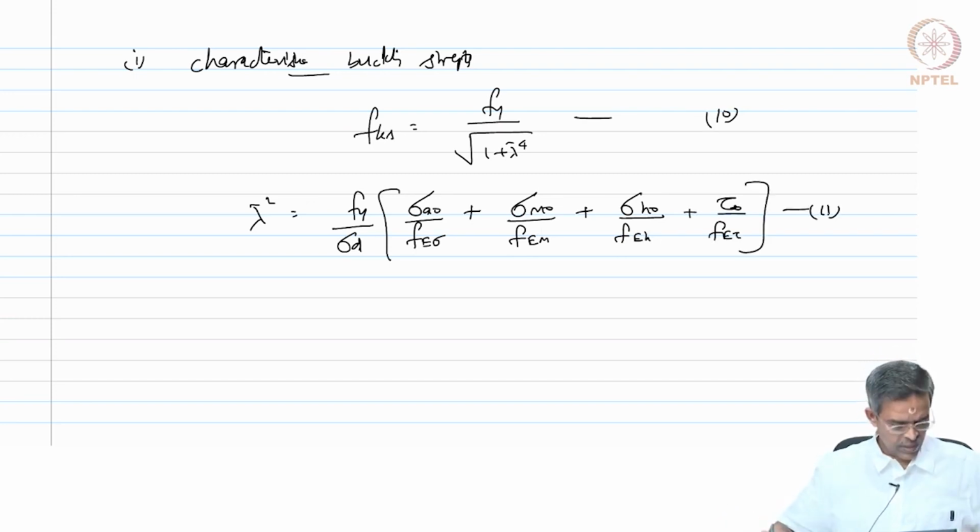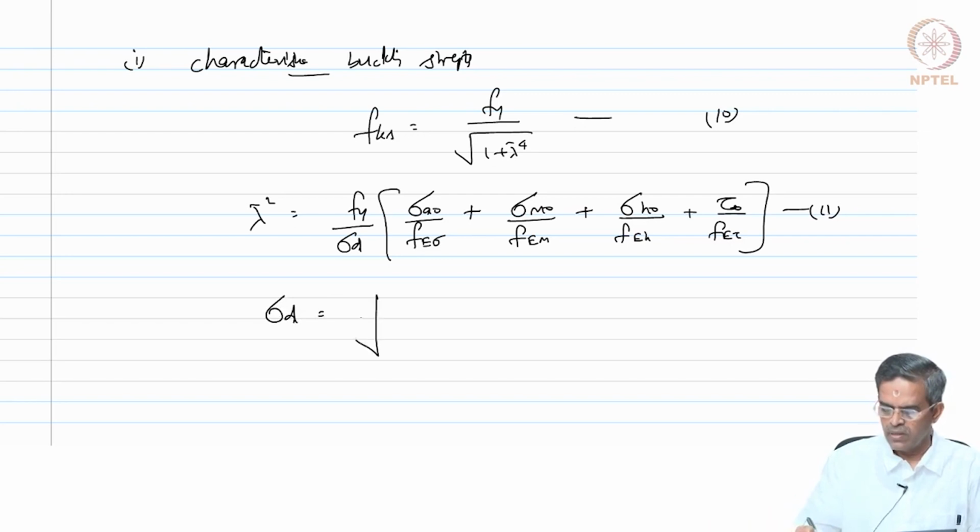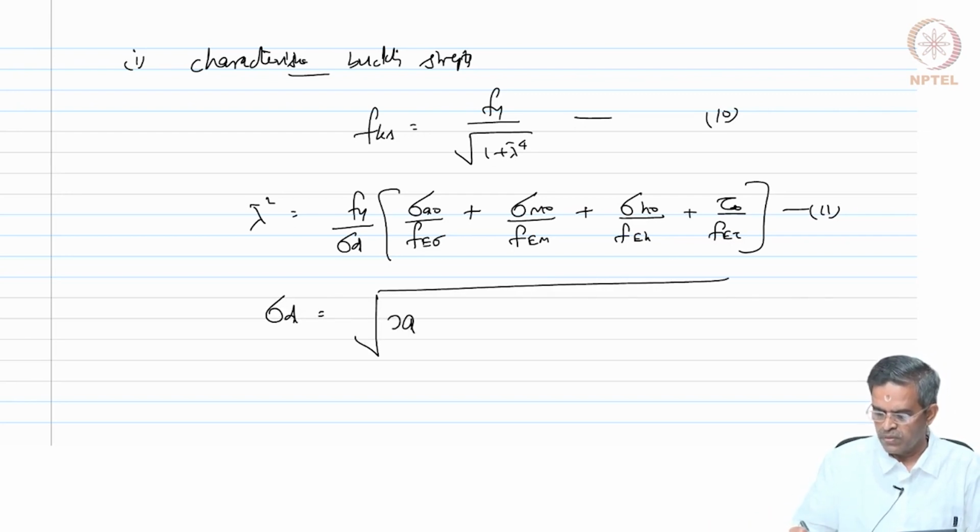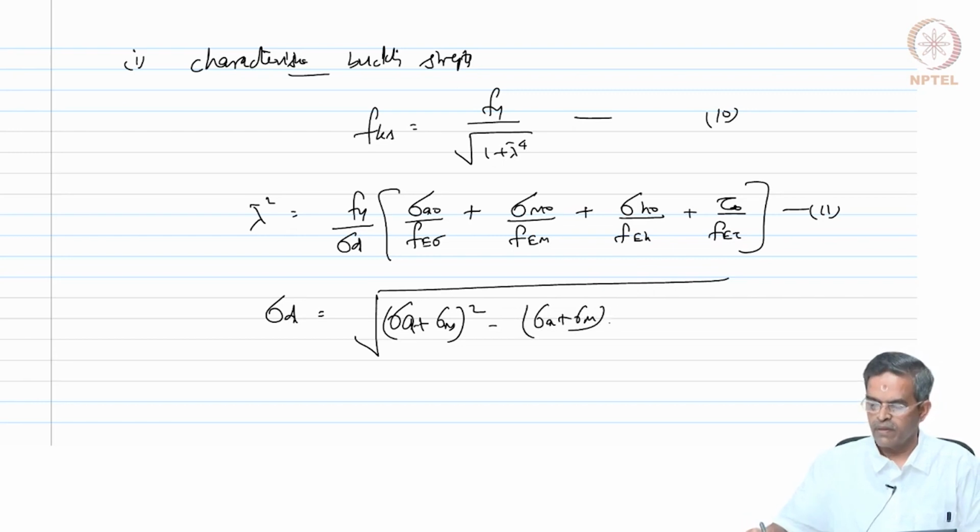Equation 11, we already wrote this equation from the code, and we also know sigma d is given by square root of sigma A plus sigma m the whole square minus A plus m into sigma h plus sigma h square plus 3 tau square. Equation number 12.